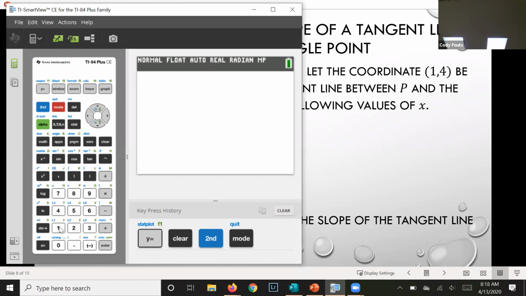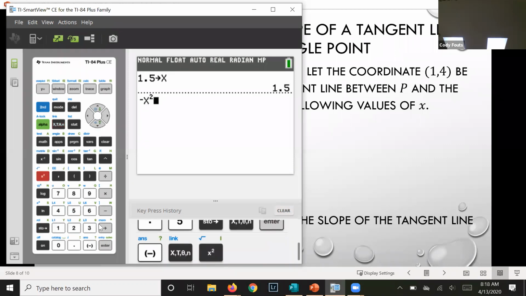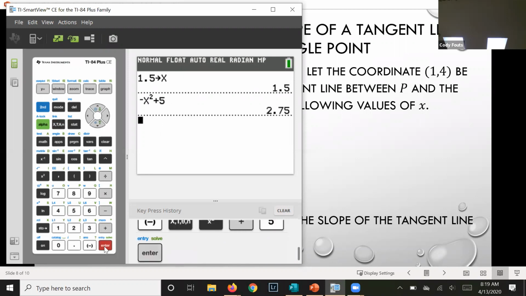So one way we can do that on our calculators is use the store function. So if I do say 1.5, this little STO with the arrow here, if I press that, x, what that will do is store the value of 1.5 as x. So in my calculator, I can do negative of x squared plus 5. And again, the calculator will evaluate it at the value of 1.5, which gets the 2.75 that I had before.